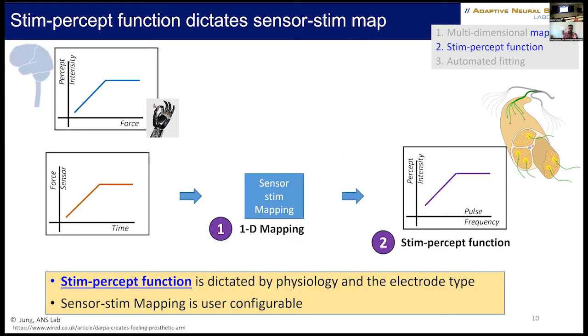Now, to understand a little bit deeper what is involved in going from a sensor signal to a desired percept, let's look at what are the blocks in the signal chain. Now, you have two main blocks. One is the sensor stim mapping block, which basically is the task performed by the stimulation processor, and it takes a sensor signal and converts it into stimulation parameters.